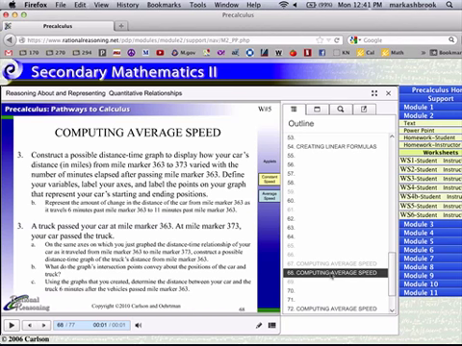And then our y quantity is? Distance in miles past 363.